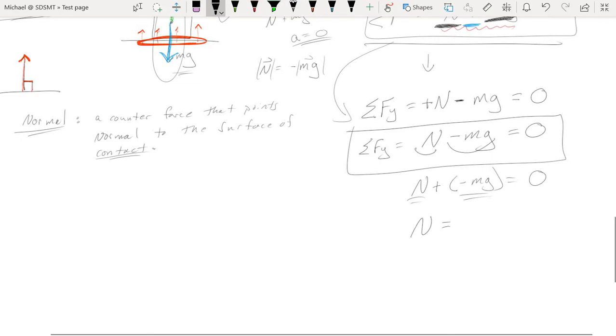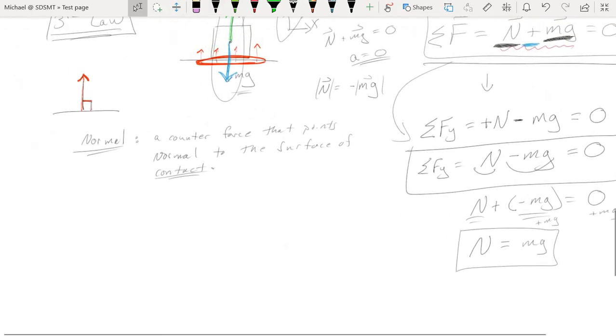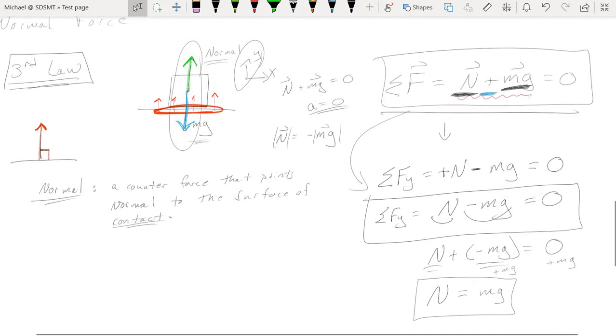But this also tells us something kind of important, because if I add this weight term over to the other side, well, now I have a value that tells me what the magnitude of the normal force has to be for this system.